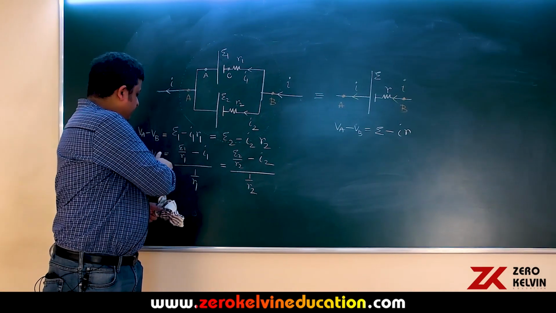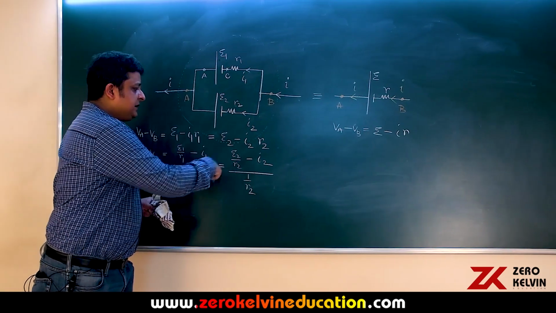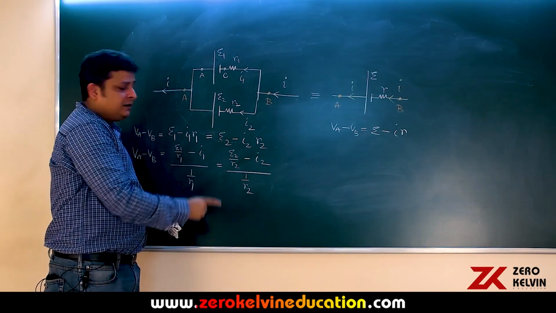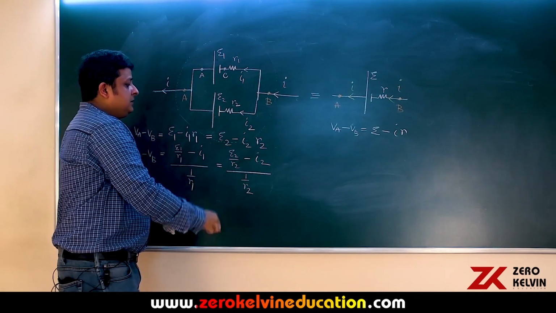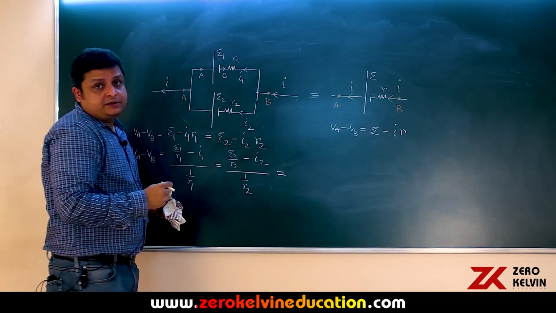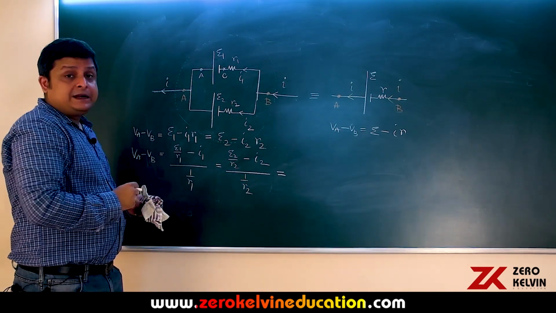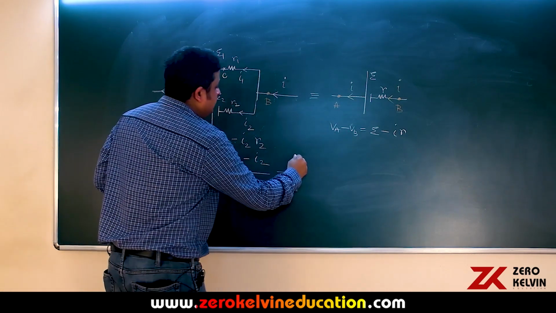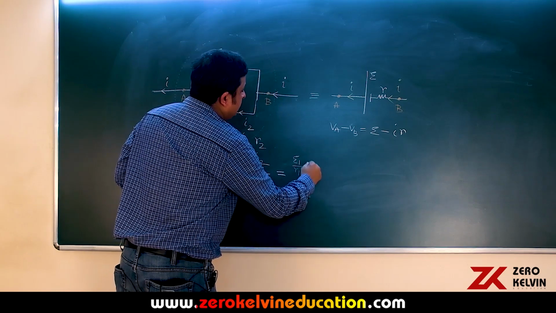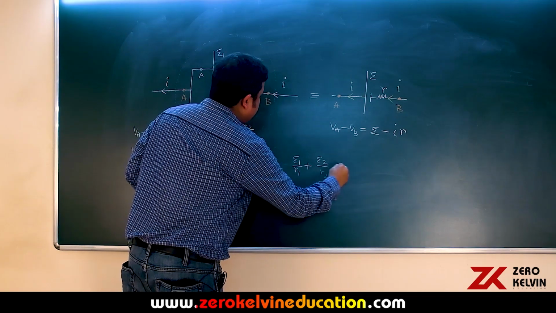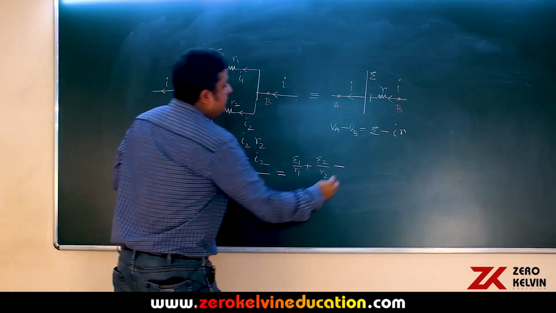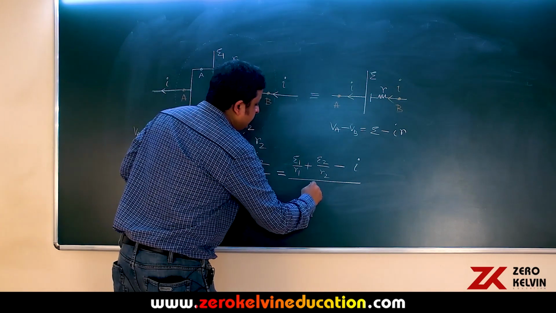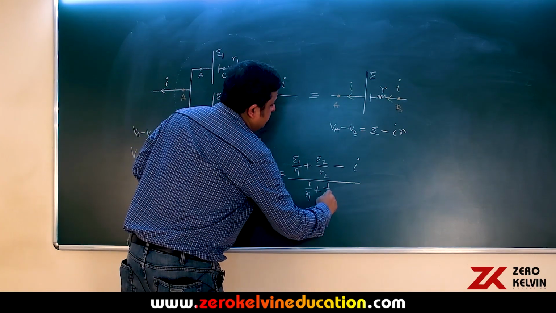So, VA minus VB is both this ratio and this ratio. So, we can add the numerators and the denominators and the ratio remains unchanged. This is known as addendo, as you know. So, we are going to add the numerators and the denominators. E1 by R1 plus E2 by R2 minus, see I1 plus I2 will be I. Now, we will have to add the denominators as well, 1 by R1 plus 1 by R2.